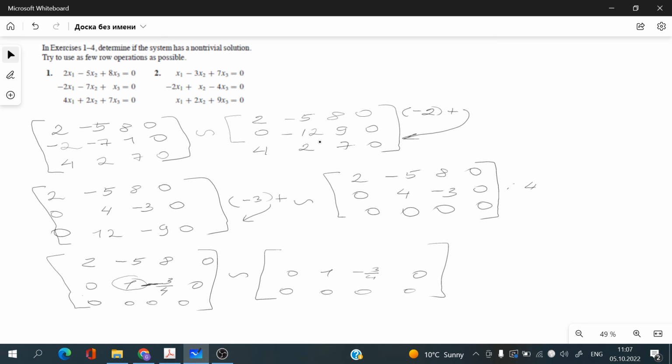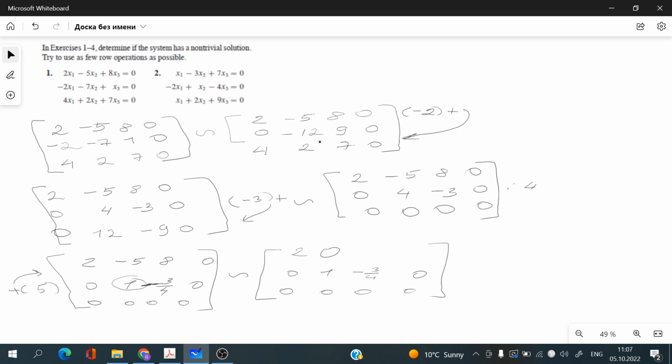And now, it's going to be 2 here, it's going to be 0 here. So what we're doing is multiplying by 5 and adding them together. Okay, it's this one. So 5 times 3 is 15 over 4, right?